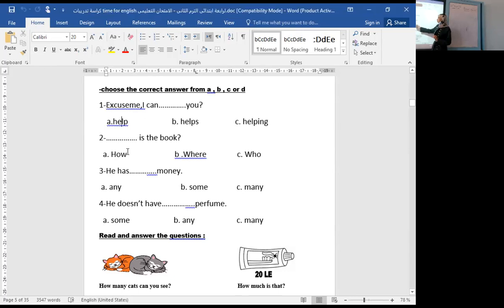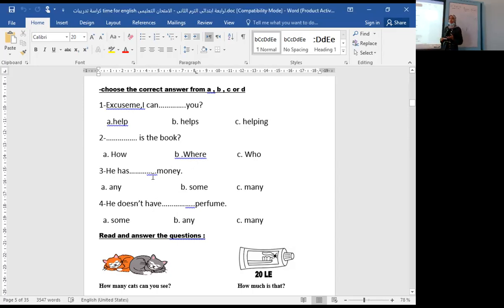The second question, space is the box. So I cannot find my box, so I'm asking about it. Where is the box? And the third question, he has space money.